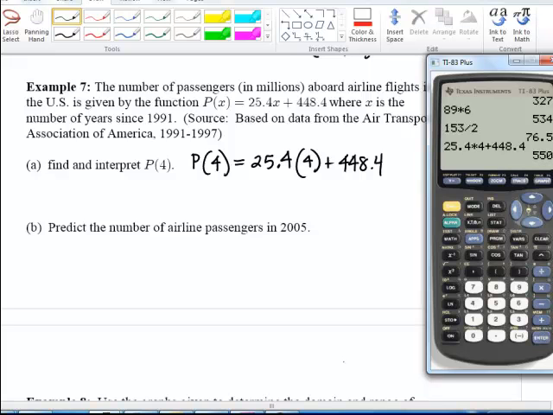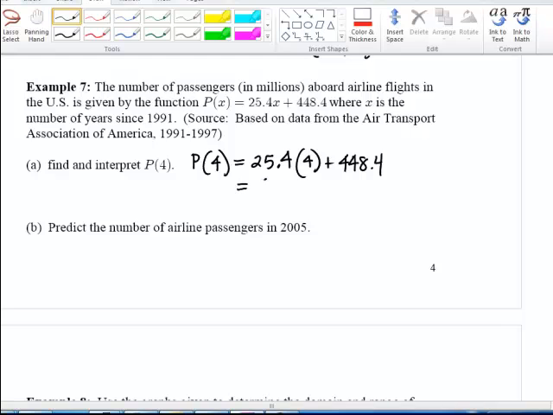Looks like 550. And what that means is, since the output is measured in millions, 4 years after 1991, since x is years after 1991, there were 550 million passengers on airline flights in the US.